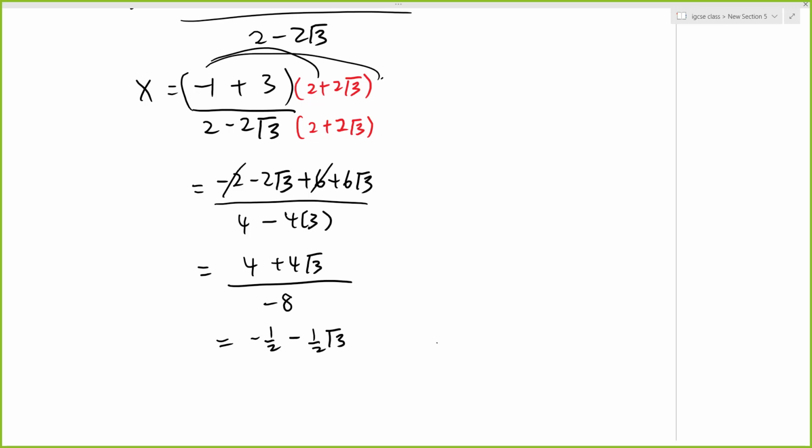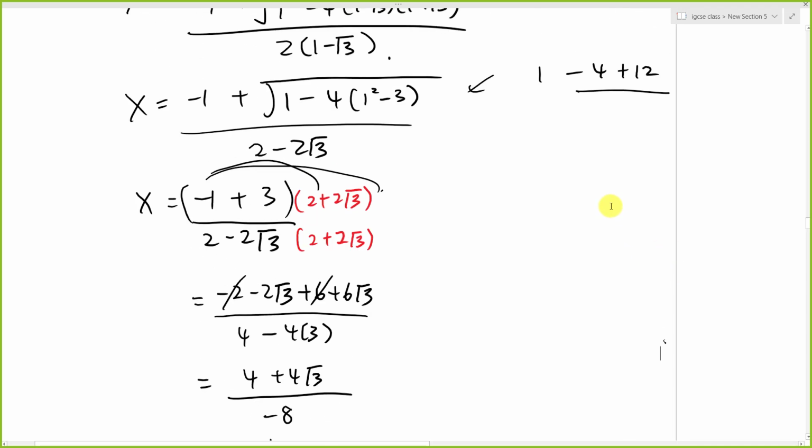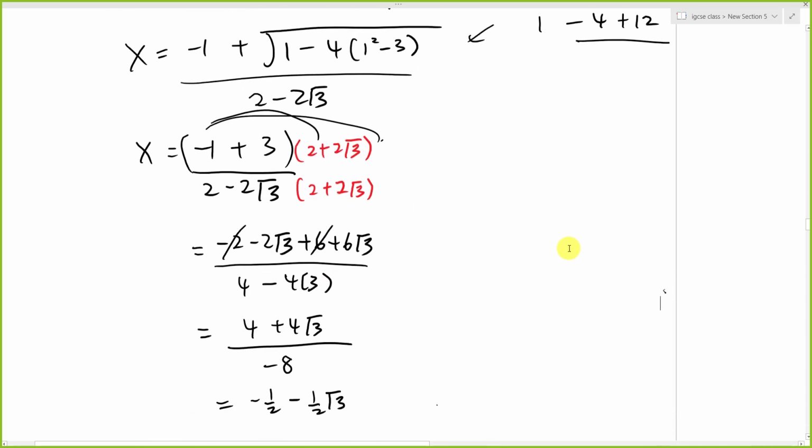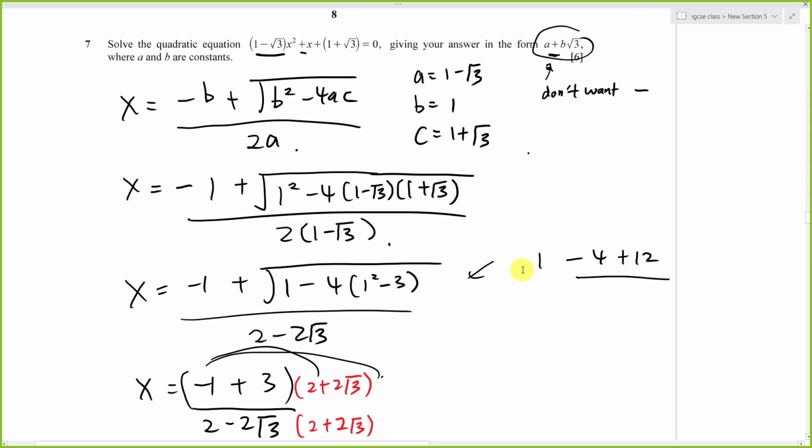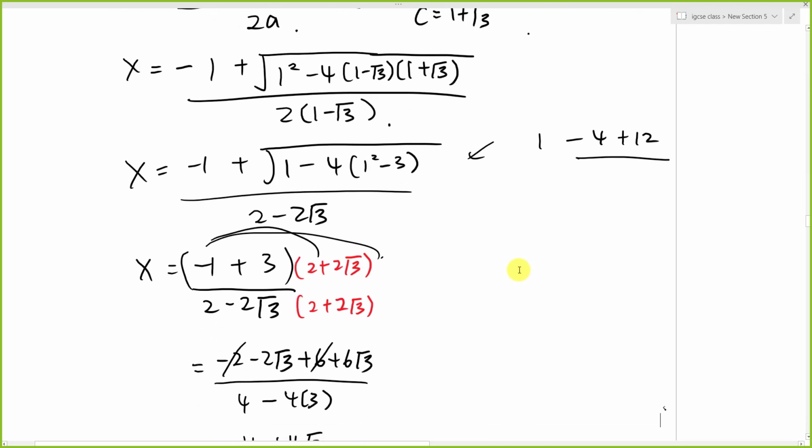Because when I check the marking scheme, it actually has 2 answers. Of course one of the answers is the same as mine, but they actually have another answer here, which makes me quite interested. Like, what is the second answer?